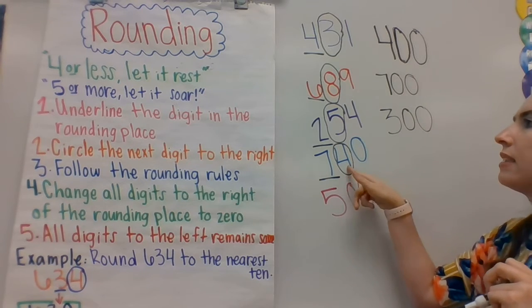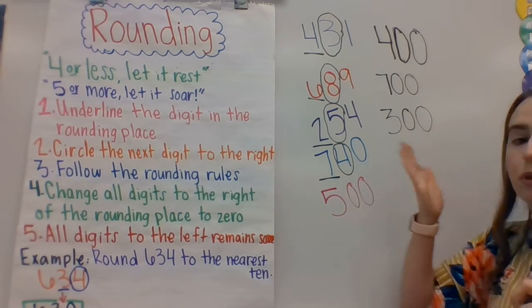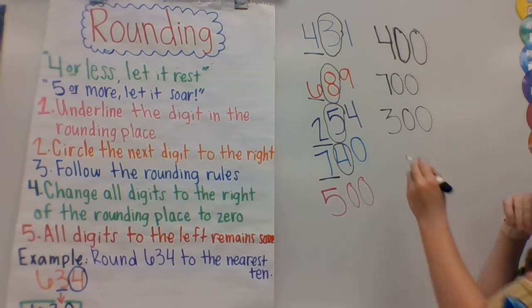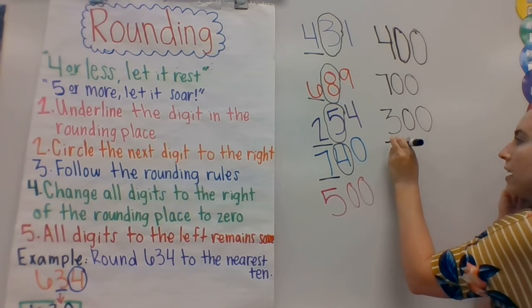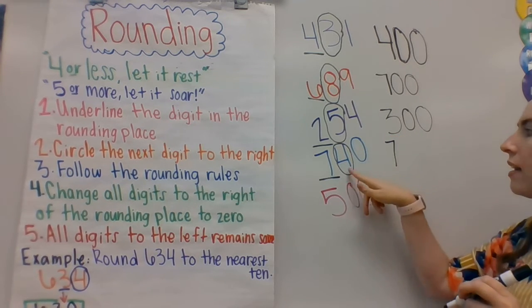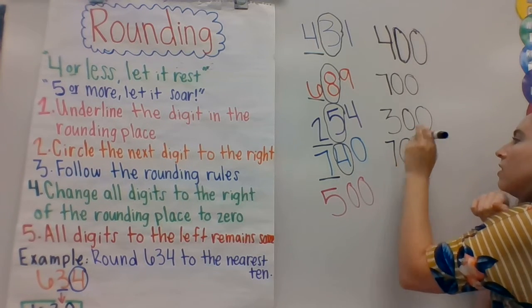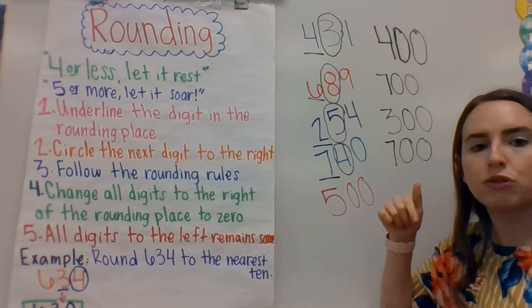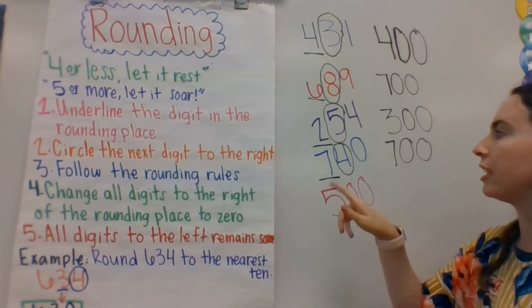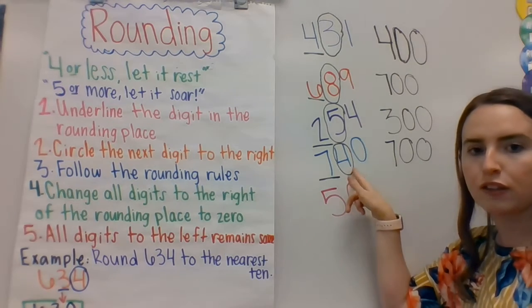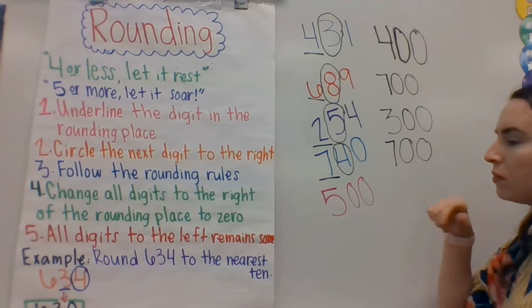So I see this as 4 or less, so I'm going to round down. So the 7 will stay the same, and all the other digits will become a 0. So 740 rounds down to 700 because it is 4 or less.